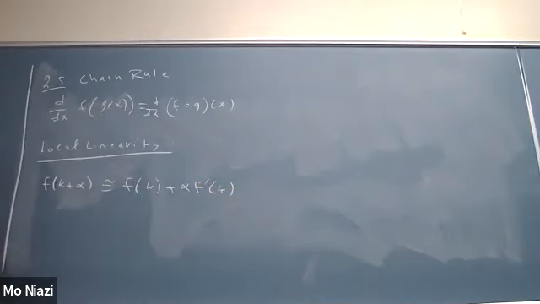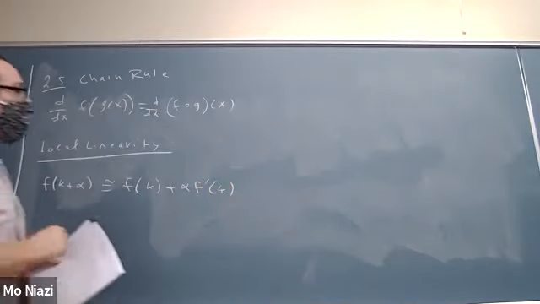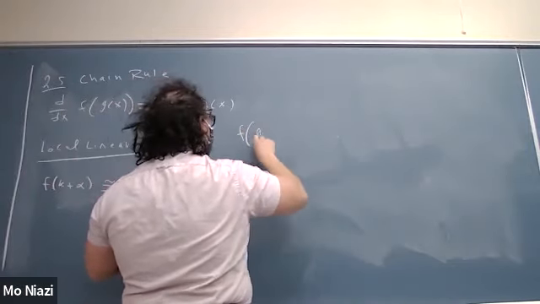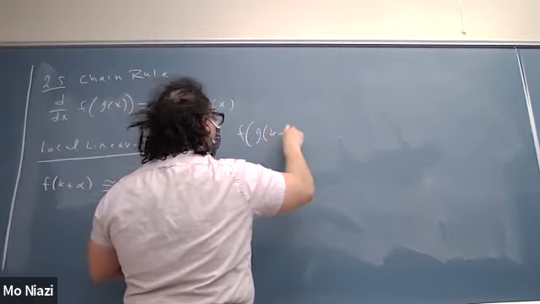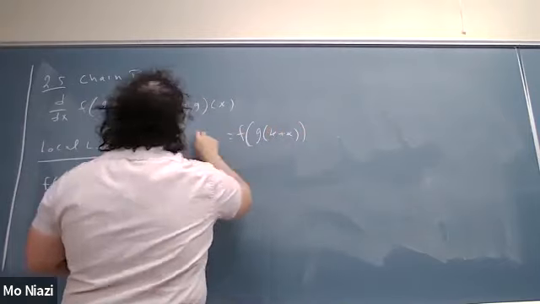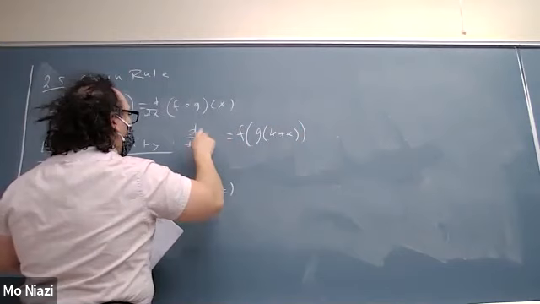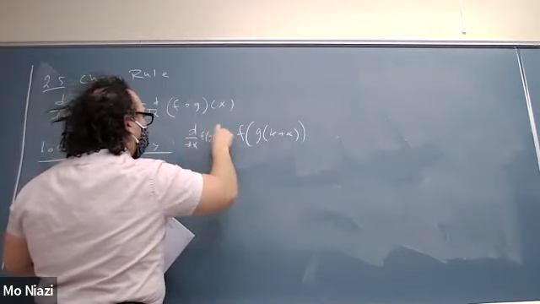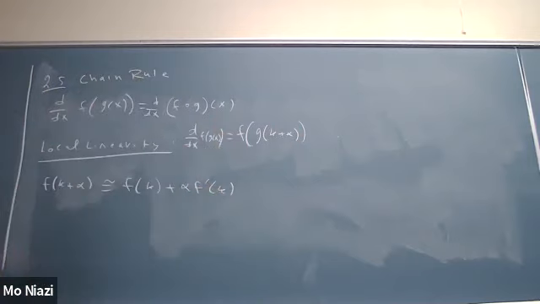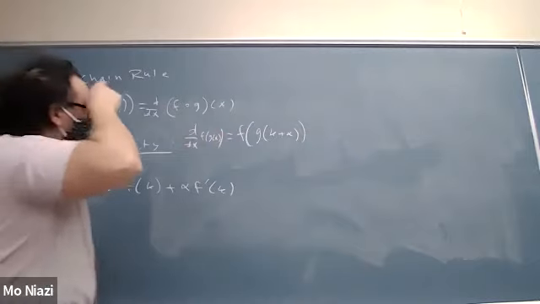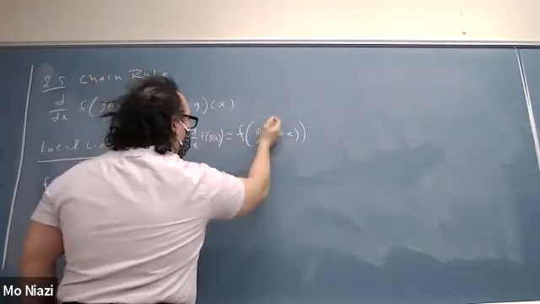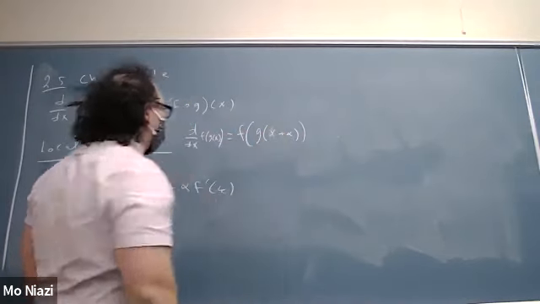So let's apply that to f of g of k plus alpha, because this is the same thing as d dx of f of g of x. Actually, we can change this to an x instead of a k, and now it's more accurate.